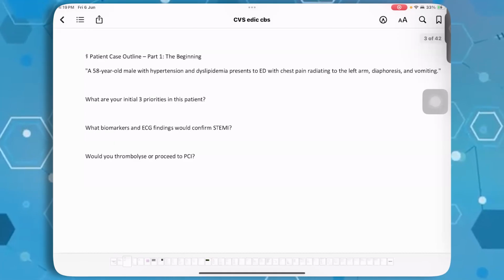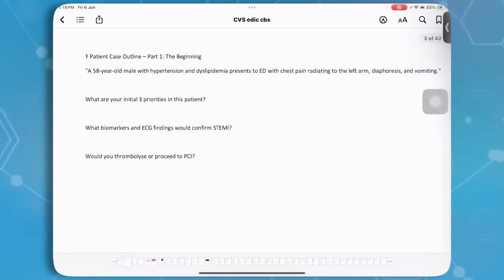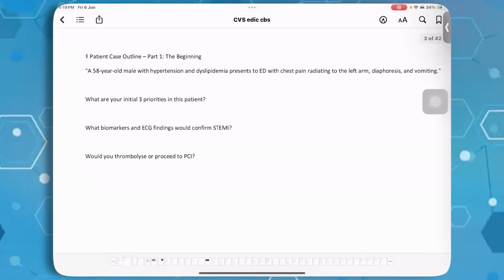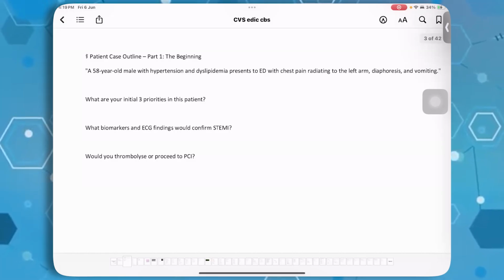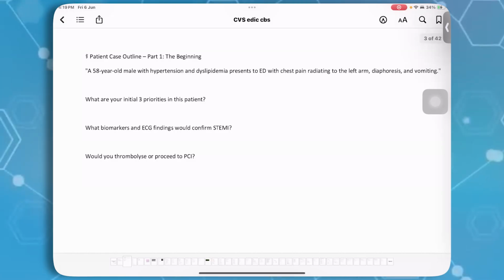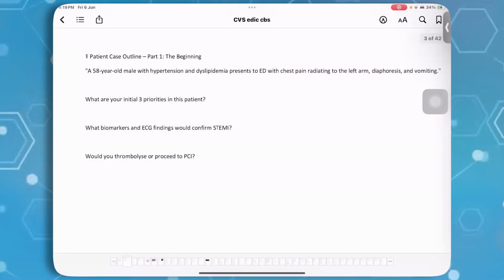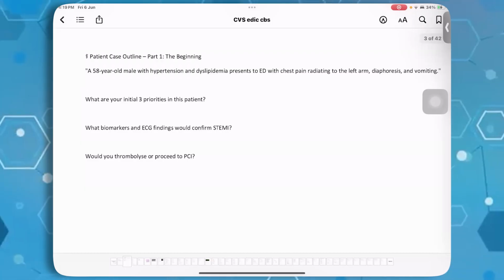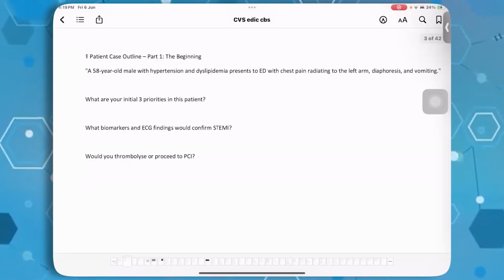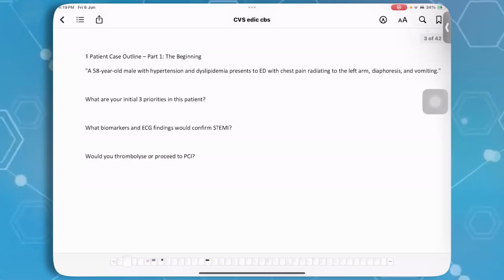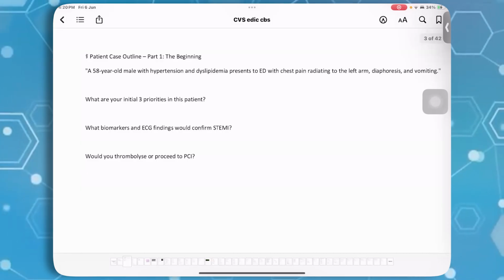We have a 58-year-old male with dyslipidemia who presents to the emergency department with chest pain radiating to the left arm with sweating and vomiting. I have three questions for you. Number one, what are your initial three priorities in this patient?